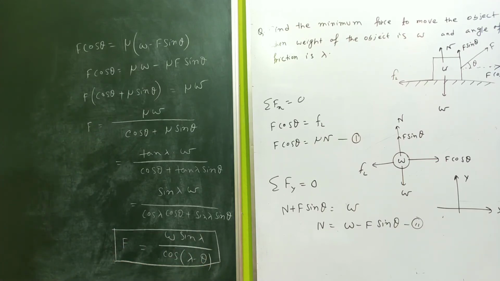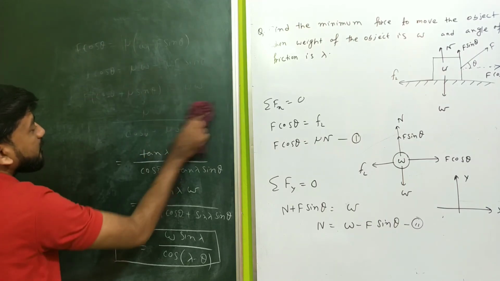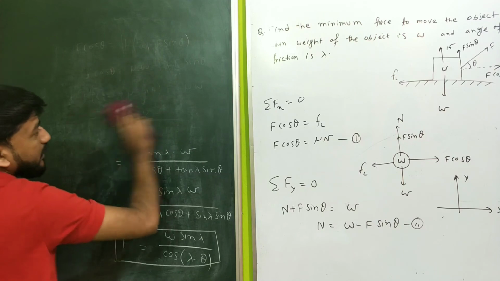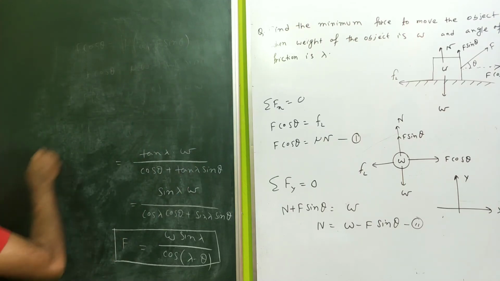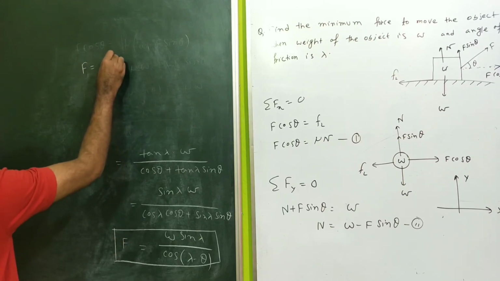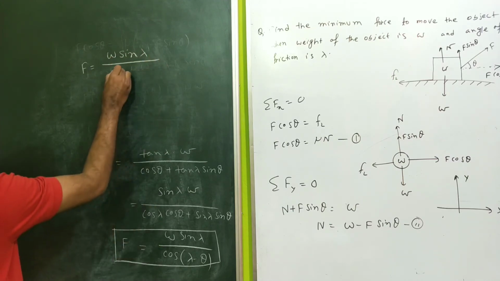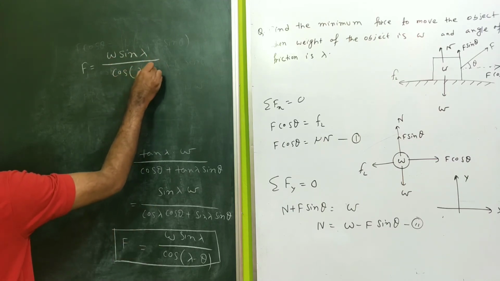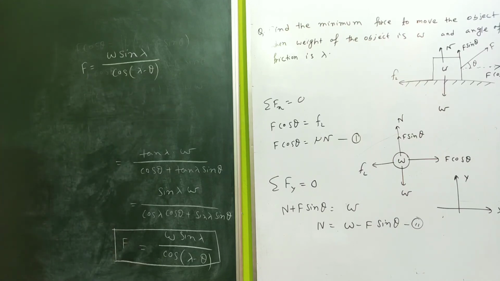So how can you achieve the minimum value of F easily? Here we have F as W sin lambda divided by cos of lambda minus theta. Now F will be minimum when cos of lambda minus theta will be maximum.